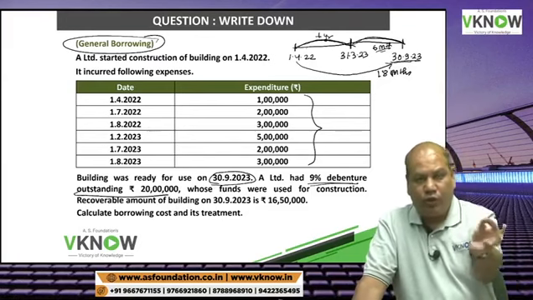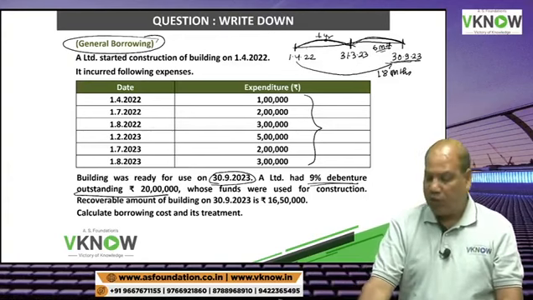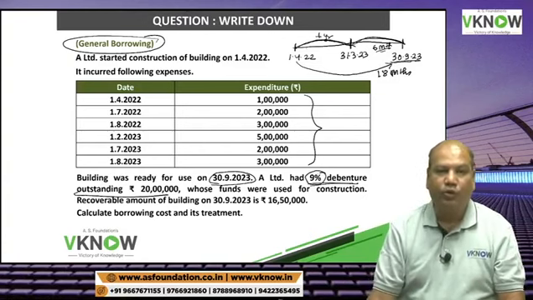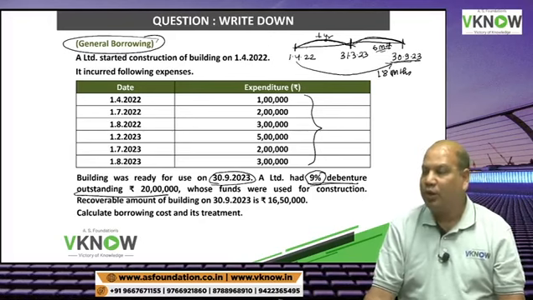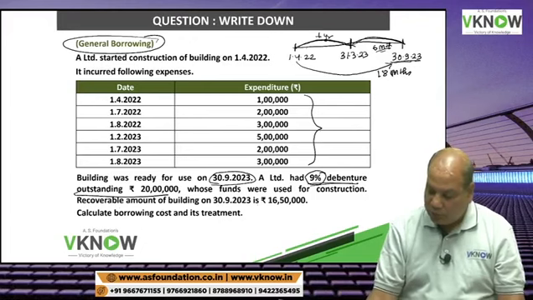However, the funds were used for construction of building also. So it is a general borrowing. So the good part is that there is only one source of borrowing, 9% debenture, and therefore you don't have to calculate the weighted average borrowing rate, or you don't have to calculate the capitalization rate. So that is one easy part.